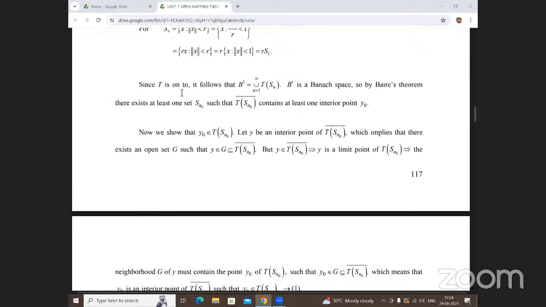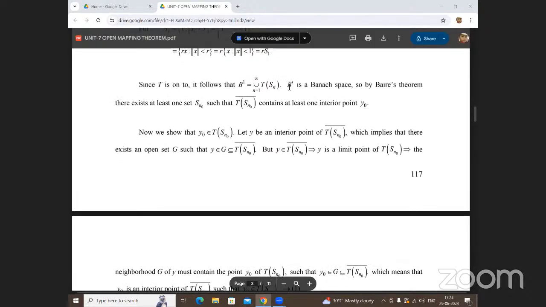Suppose the transformation is onto. It follows that B', the image of the Banach space, is represented as the countable union of T of S_n. So B' is also a Banach space.